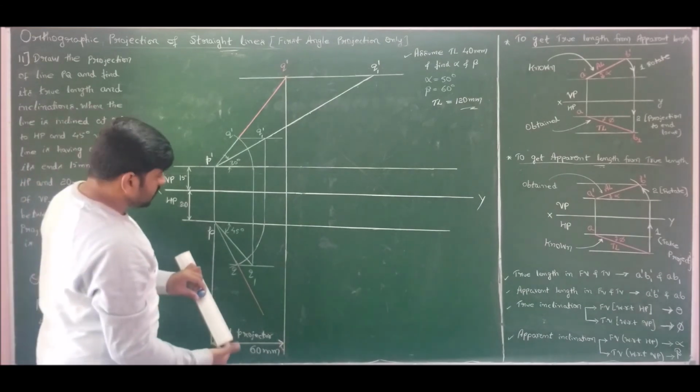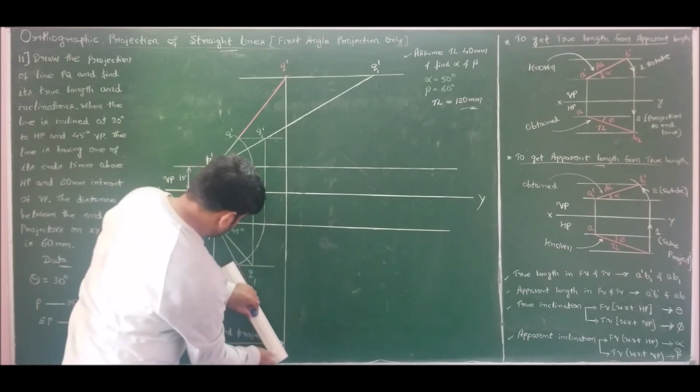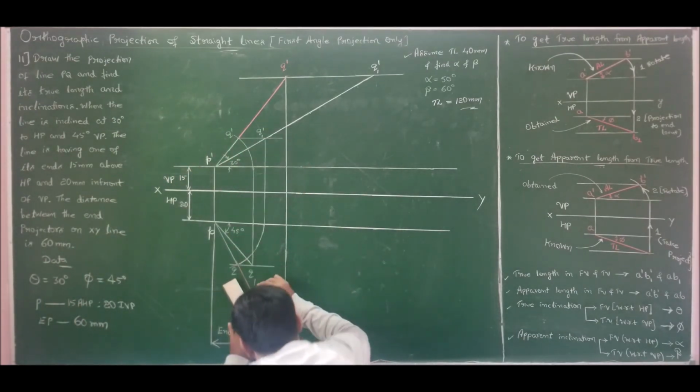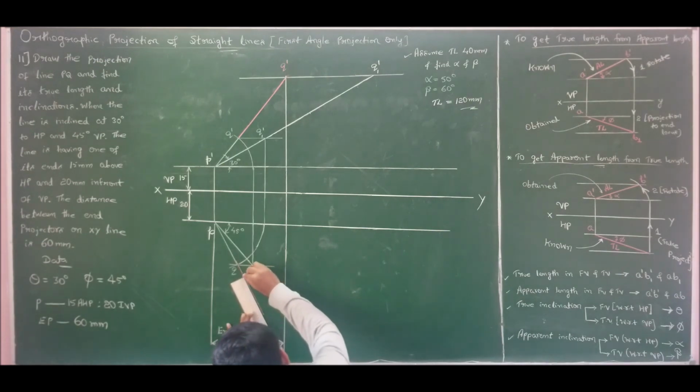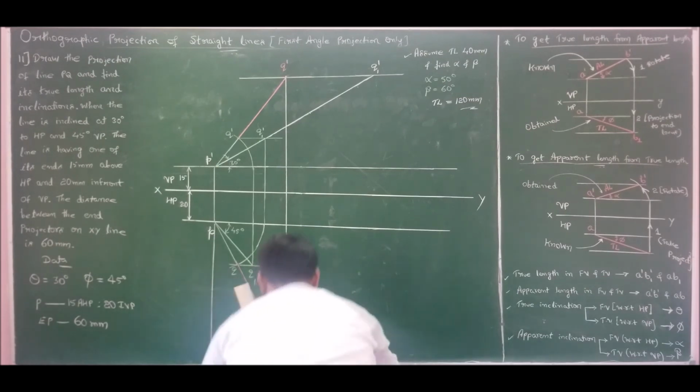Similarly here, we should extend it back to intersect the end projector. Fix the locus.